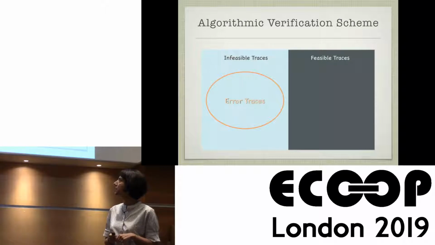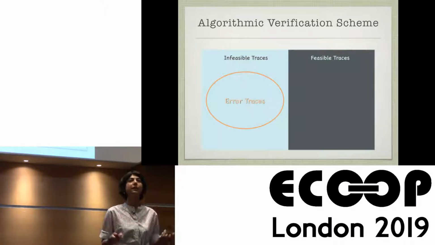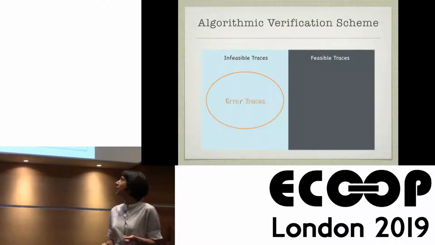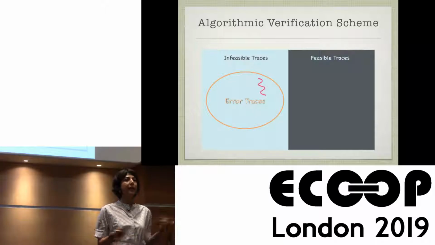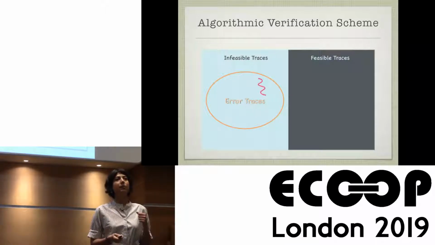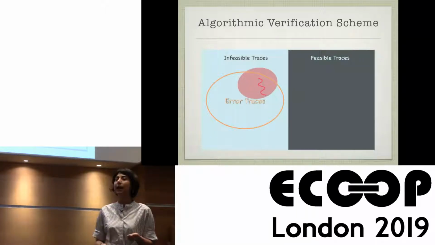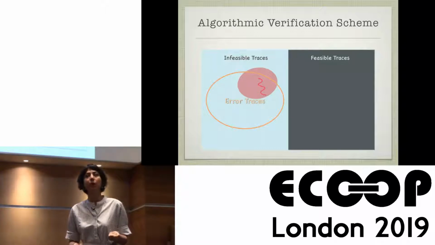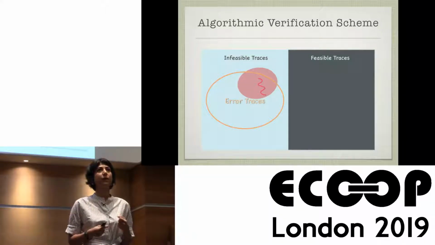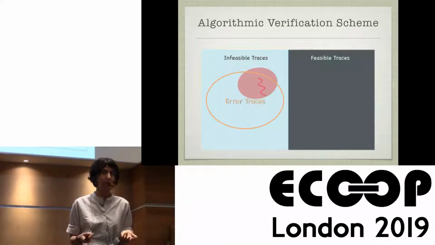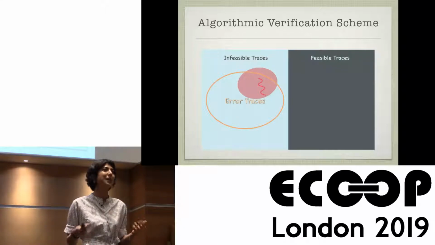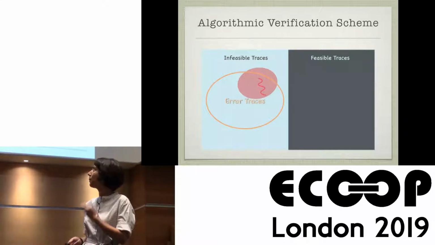How do I set this up in an algorithmic verification setting? I create a refinement loop, a version of the one we all know about. I take an infeasible trace, I prove it correct, and I generalize the proof of correctness to the proofs of correctness of all the similar traces. So now I have proved multiple traces correct, but in most cases not the entire set of error traces. I have some coverage.